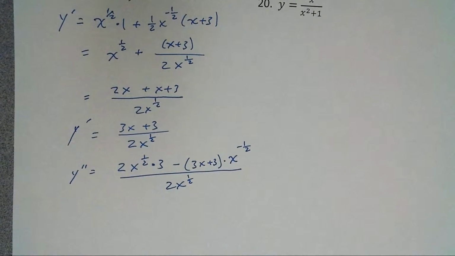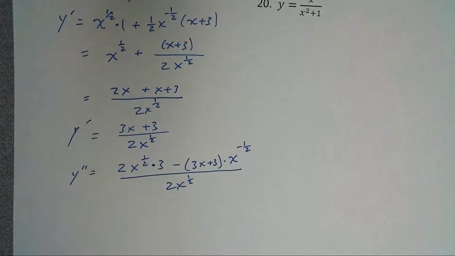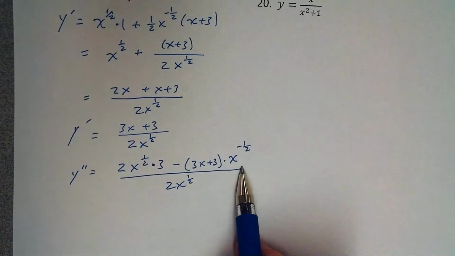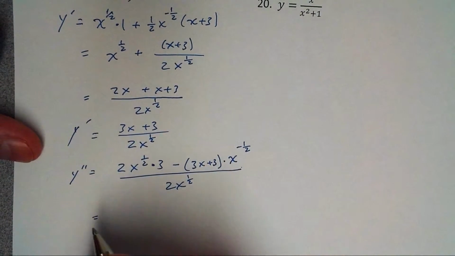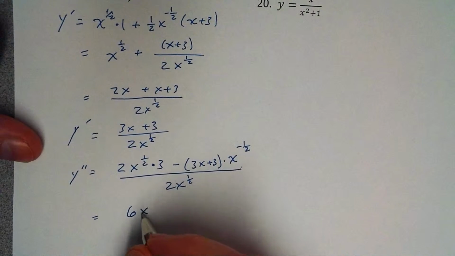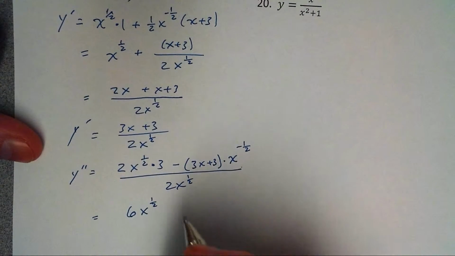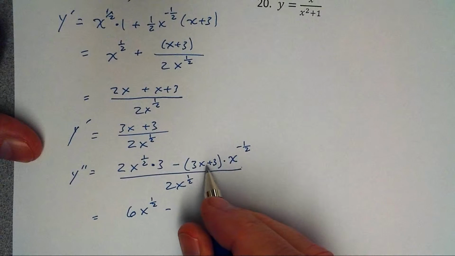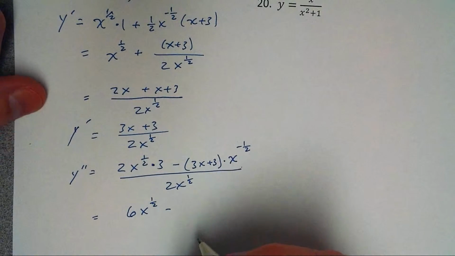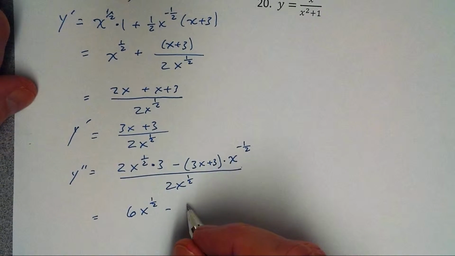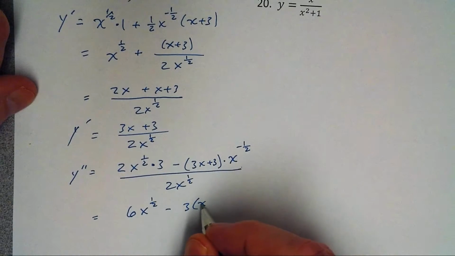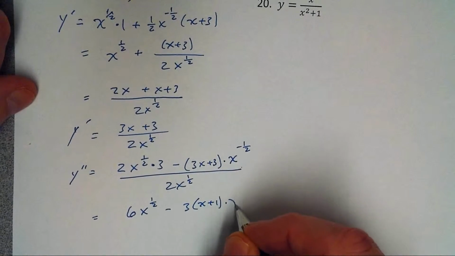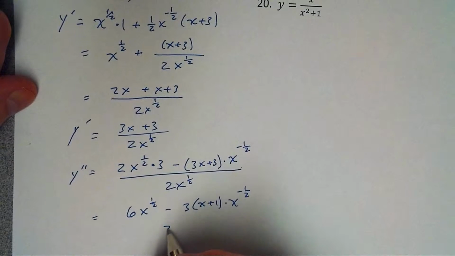Now we've got a little bit going on in the numerator, so I'm going to clean that up. I get 6x to the 1/2, and a minus. I'm going to factor this 3 out for a second and see what happens. I get 3 times x plus 1 times x to the negative 1/2 on 2x to the 1/2.